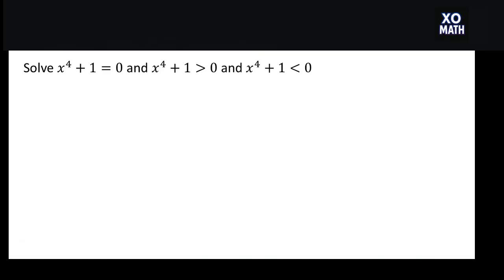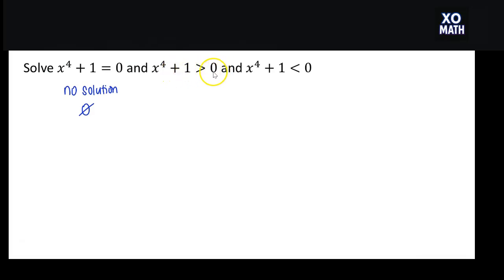So here, there is no solution, which we can indicate as the empty set or a 0 with a line through it. Now with that same type of reasoning, let's look at this inequality. I want all x values that solve x to the 4th plus 1 is greater than 0. Well, as we said, if we plug in 0, 0 to the 4th is 0 plus 1.